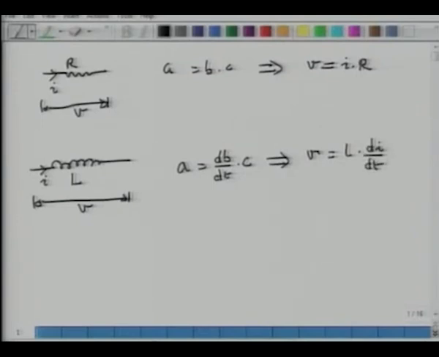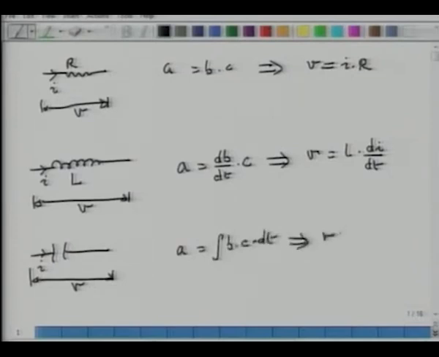If I have a capacitor seeing a current I, again voltage across it being V, then A equals integral of B dot C dot dt. This relation maps to voltage equals I times 1 over capacitance times dt. And then I integrate it.